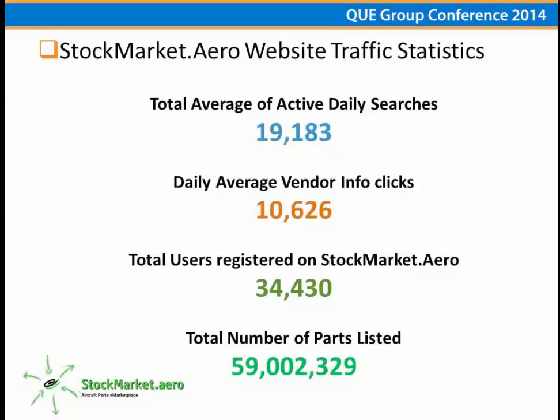And we have a system of tracking every time buyers click on the vendor contact details. So 10,626 average per day. That's a lot. And we have over 34,000 registered users on the stock market website. And we're getting close to 60 million parts and capabilities. So the amount of exposure you're going to generate with just a banner ad on a daily basis is significant.